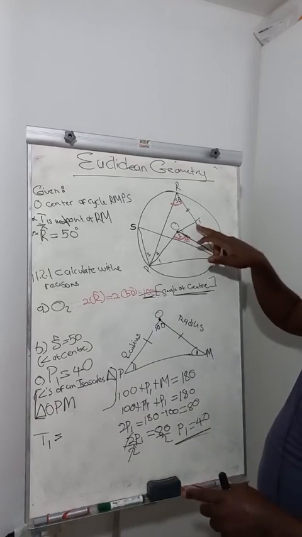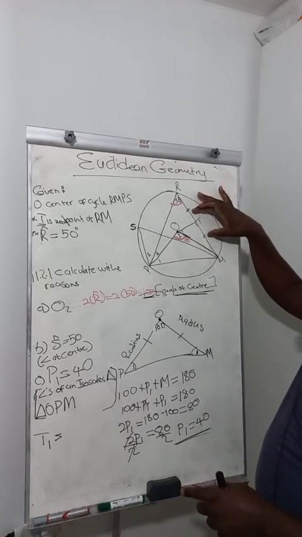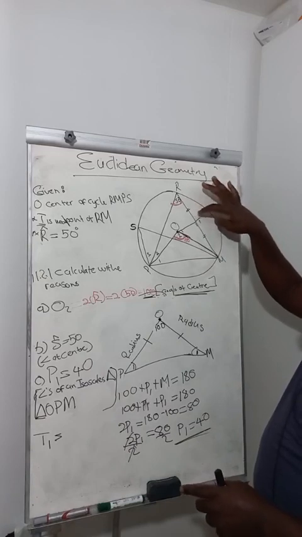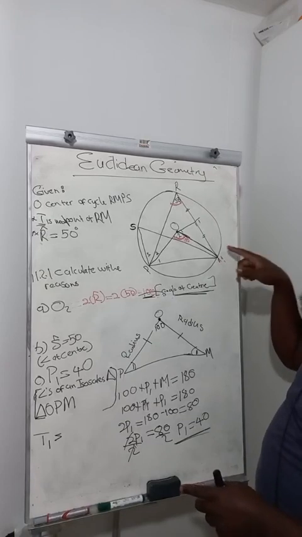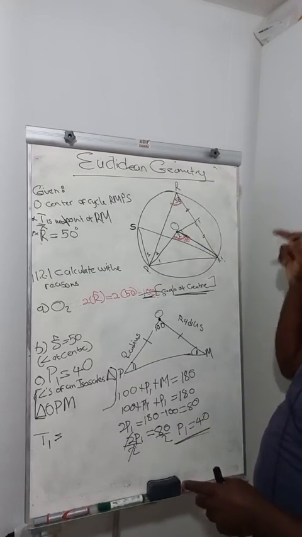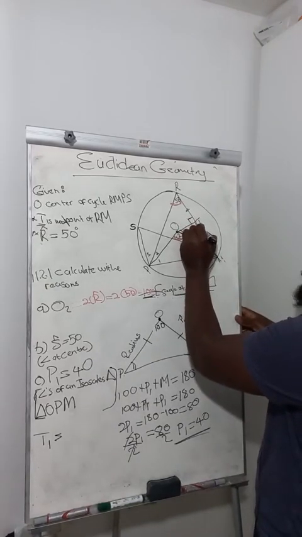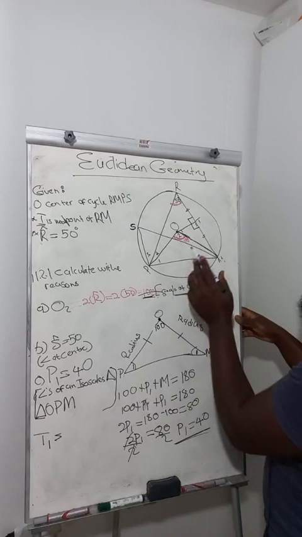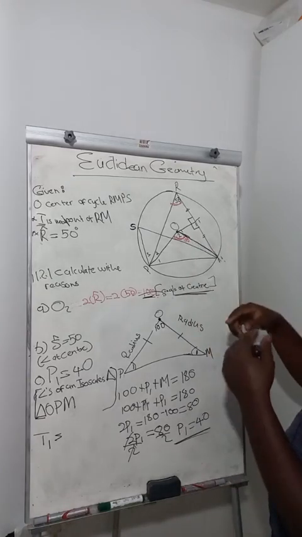Looking at this, you can see that the chord is being bisected in such a way that TR is equal to TM. So if TM and TR are equal, this here is perpendicular. It means it is bisecting the chord at 90 degrees.